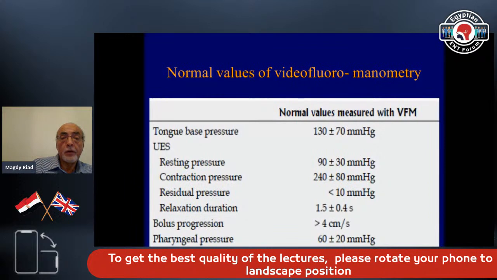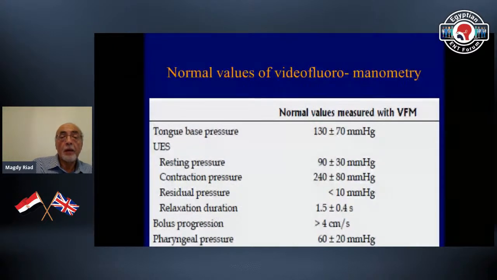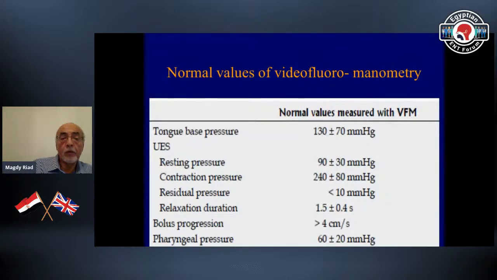And certainly if there is a spasm, this would overcome any pressure generated by the tongue base or generated by the pharynx. Pharyngeal pressure is actually less than the tongue base pressure. And that's why the front part of the bolus would actually reach the upper esophageal sphincter quicker than the peristaltic wave generated by the pharynx.